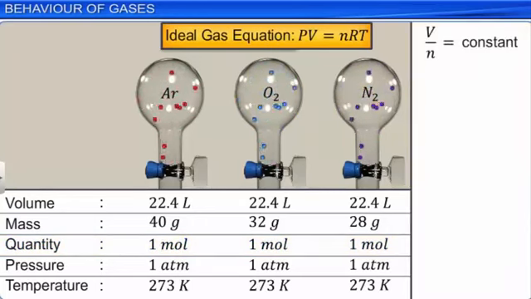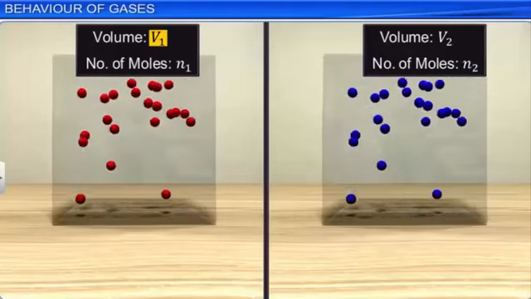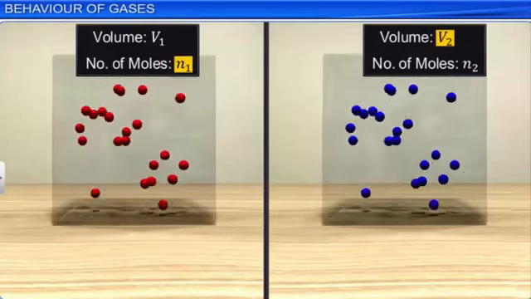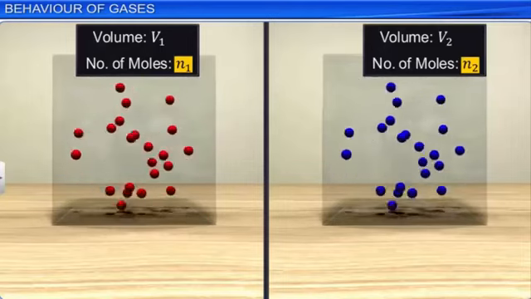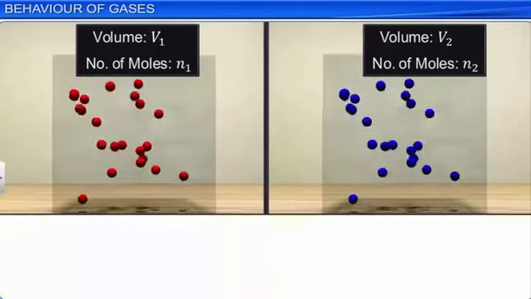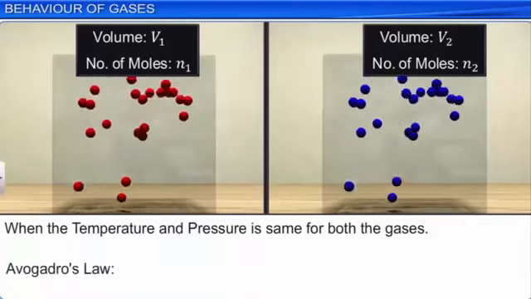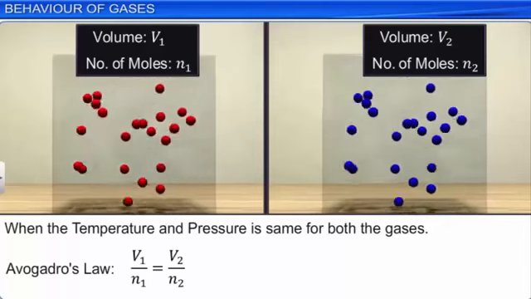This is called Avogadro's law. Let V1 and V2 be the volumes of a gas and N1 and N2 be the number of moles of the gas. If they are at the same pressure and temperature, according to Avogadro's law, V1/N1 = V2/N2.